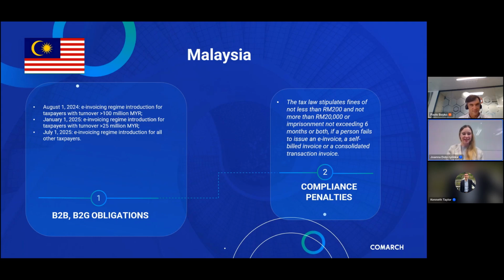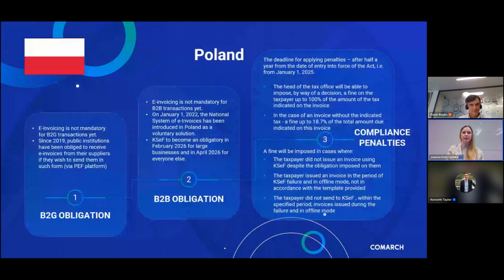And yeah, next country we have Poland. So in Poland, invoicing is not yet mandatory, but the national system of invoices has been introduced as a voluntary solution since 2022. From February 2026, it will become mandatory for all companies with revenue of over 200 million Polish zloty, and the second phase will be extended to the rest of taxpayers from April the same year.